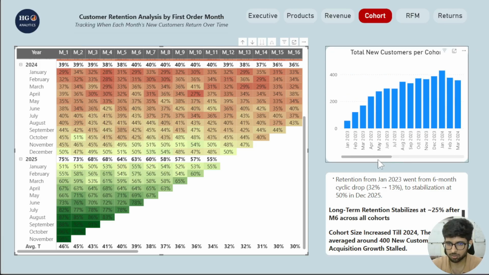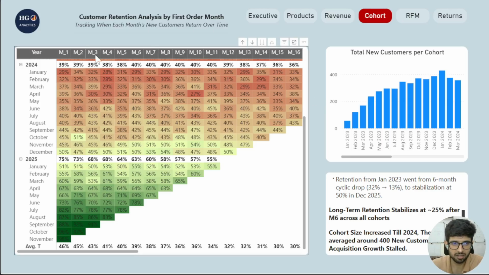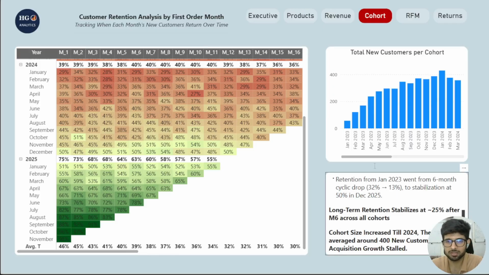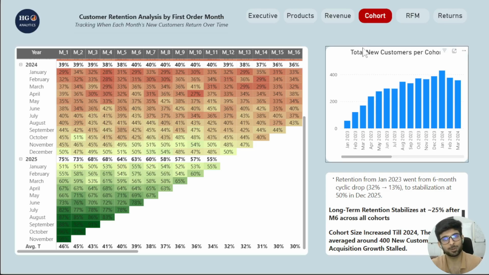But the great thing is, even in the worst months of 2025, they were better than the months of 2023. Also, I didn't just build a heat map or a bar chart. I wrote the insights for whoever is reading this. So that's the difference between a dashboard and a dashboard with insight.